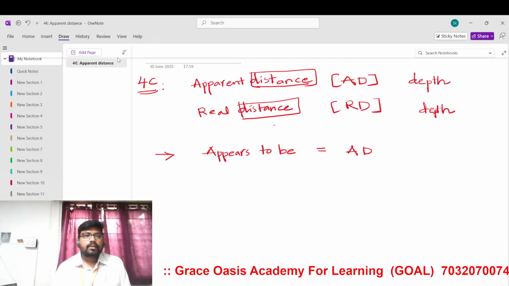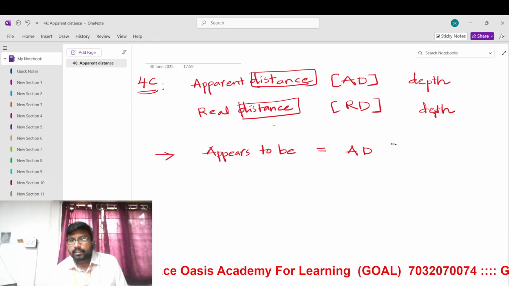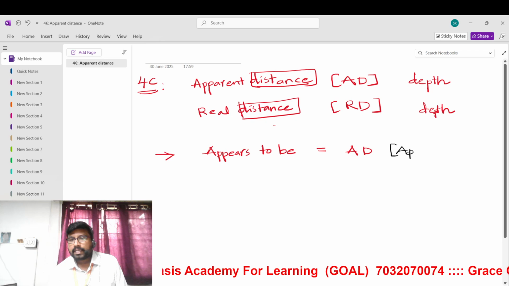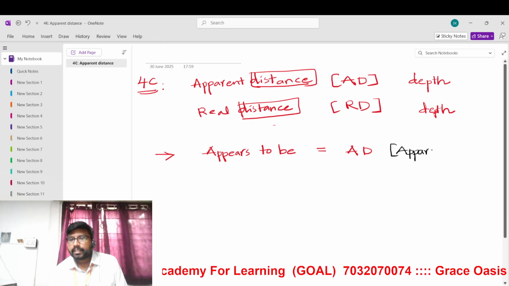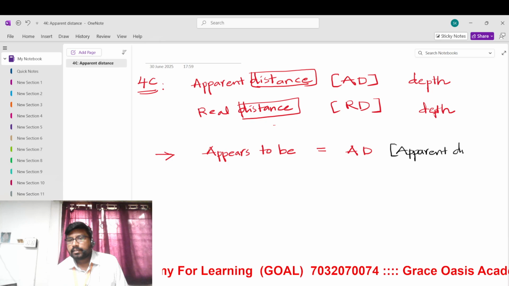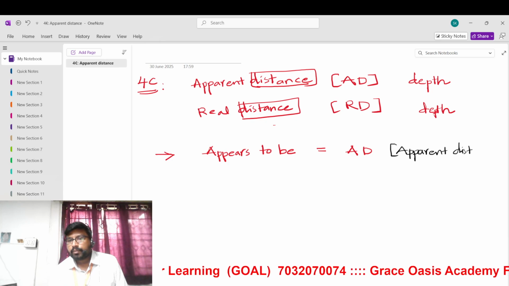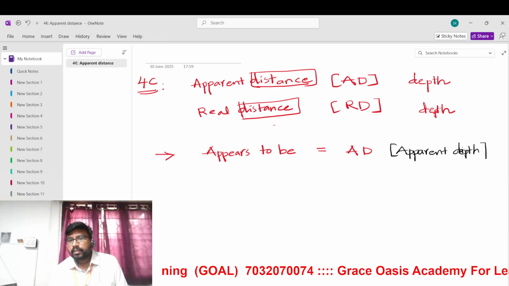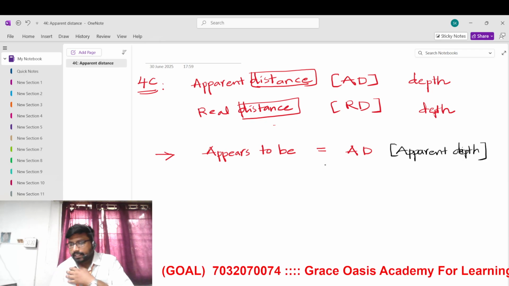Whenever they ask about "appears to be," that means apparent distance or apparent depth, right?